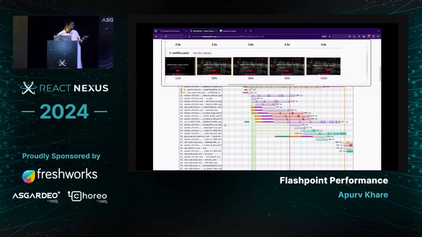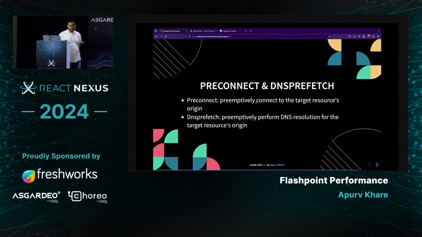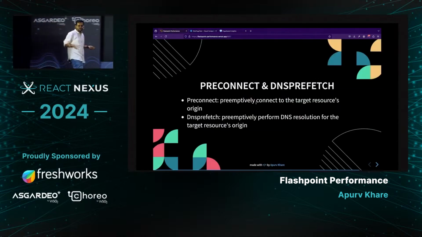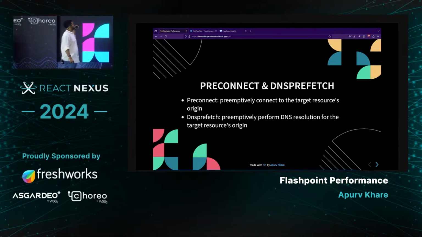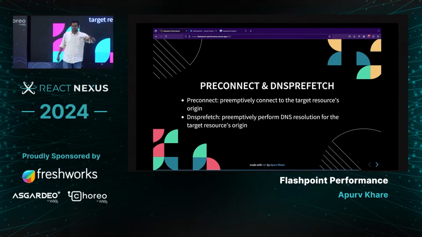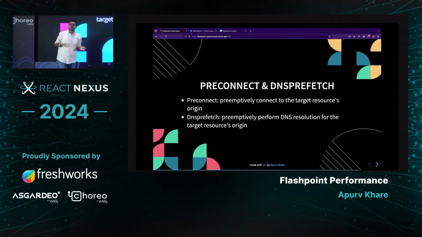So there are different domains, right? In order to connect to them, you already know the domains that it requires to connect. So you can use pre-connect, which does the TCP connection preemptively, and then there is DNS prefetch, which does the DNS resolution preemptively. So this was about the resource hints.